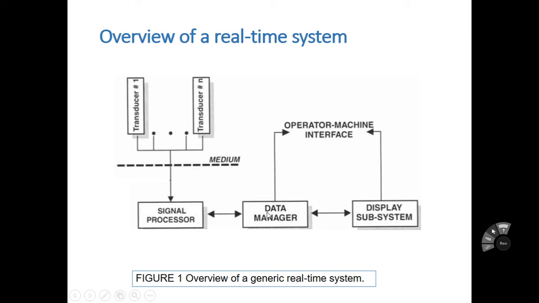So tracks are initialized, automatically maintained and updated in the data manager, and the data structure of the state is transmitted to the display subsystem via the operator interface links between these two blocks. And here the user can see the output of the data manager and can receive the data structure and state estimation from this block at the display subsystem.